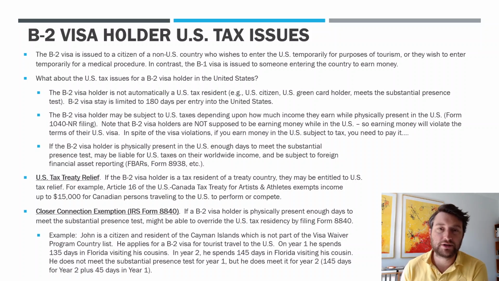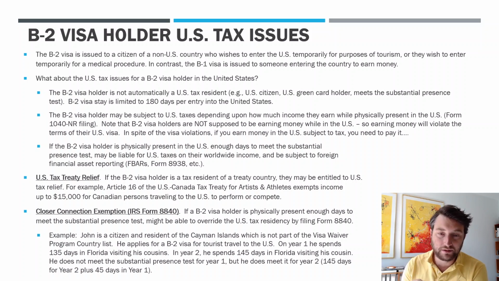And the reason for this is because anytime you are physically in the United States and you are working and earning compensation, wages, whether that's from a U.S. company or even a foreign company paying you while you're physically in the United States, that constitutes being engaged in U.S. trade or business. And when you're engaged in U.S. trade or business and you have that earned U.S. source income, you've got to file a tax return and pay taxes.